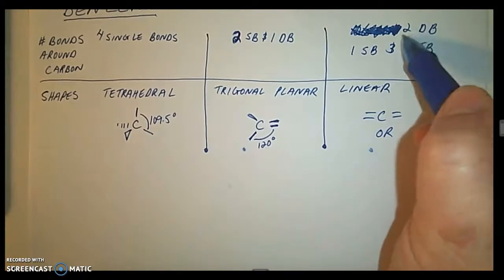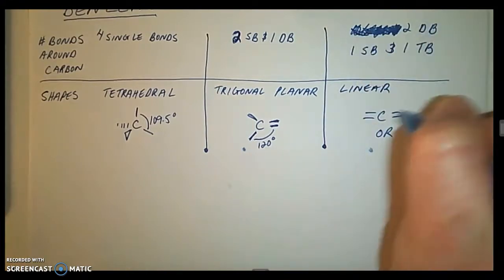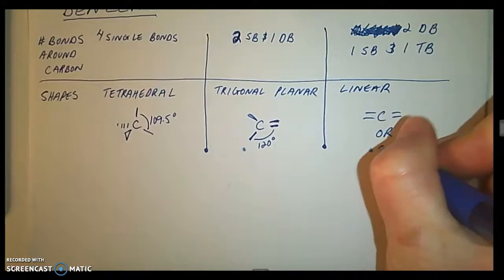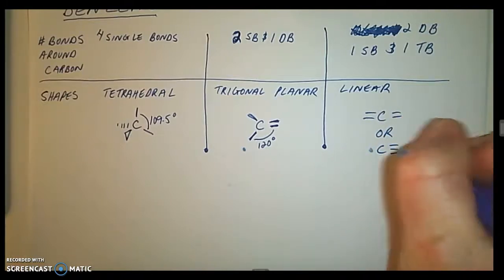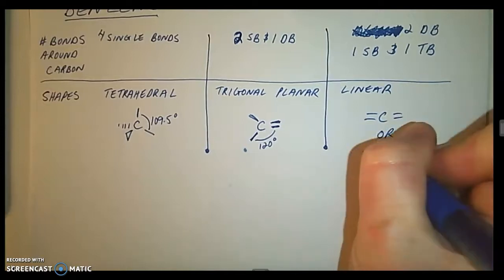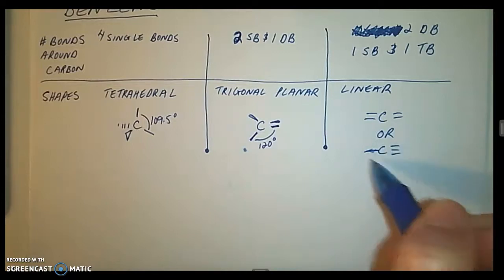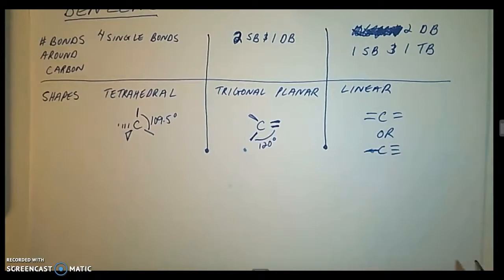So that would be this scenario right here. You can take the 2 single bonds out of there and just call it 2 double bonds. So this would be like our carbon dioxide molecule, which we know to be linear. We also get a linear shape around carbon if we have just a triple bond and a single bond. So anytime you have an alkyne, the carbon that's participating in the triple bond is making a linear shape in that part of the molecule.